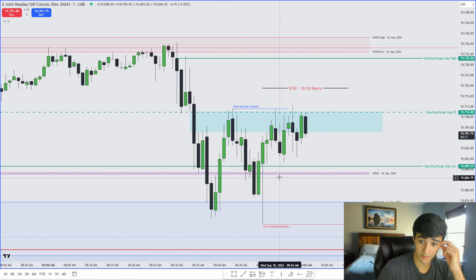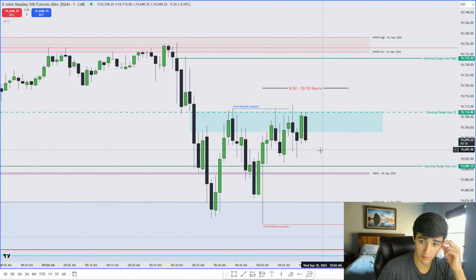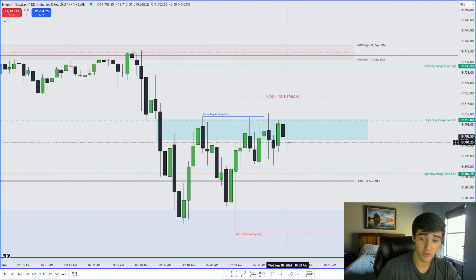So now we have a trend line forming, somewhat, a little bit below. We still cannot get over the first presented fair value gap.